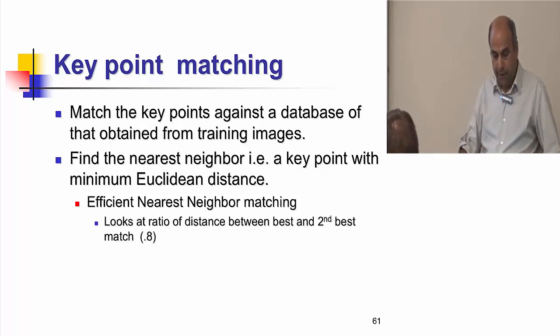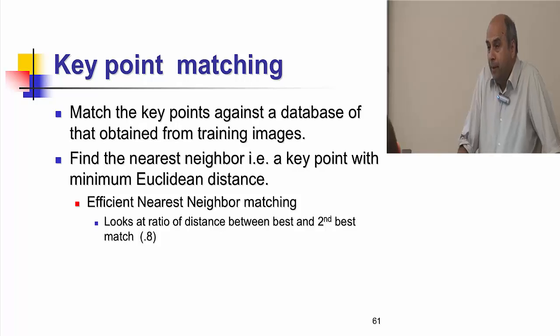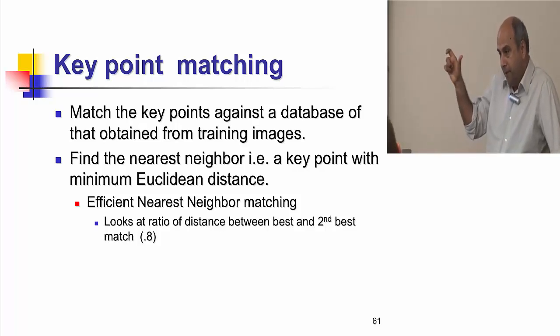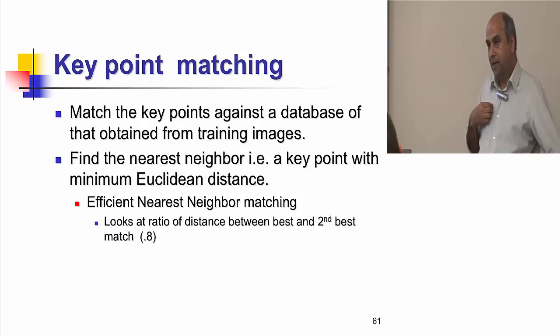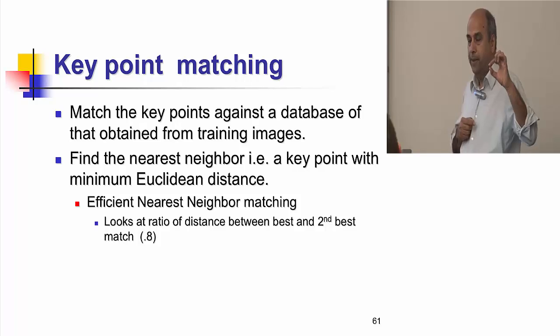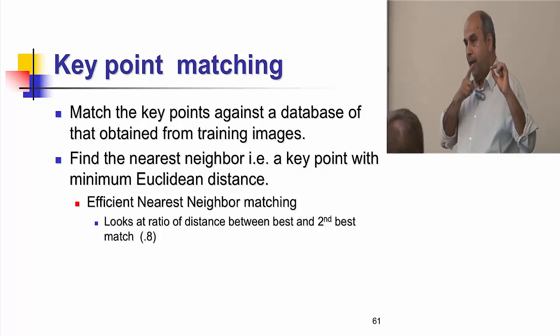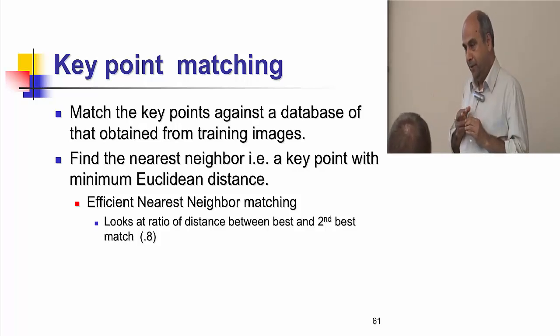It may happen that the first nearest neighbor and second nearest neighbor are very close matches, and that can become a problem because of ambiguity. Let's say the distance from the input image descriptor to the second nearest neighbor is 1, and to the first nearest neighbor is 0.8.